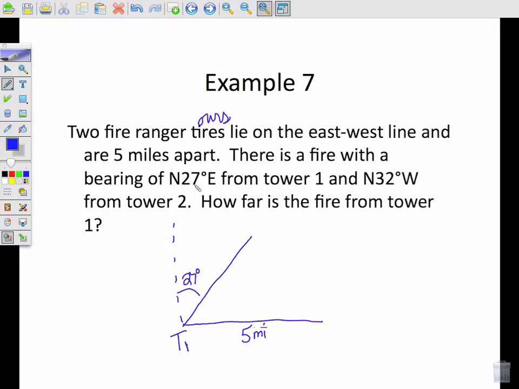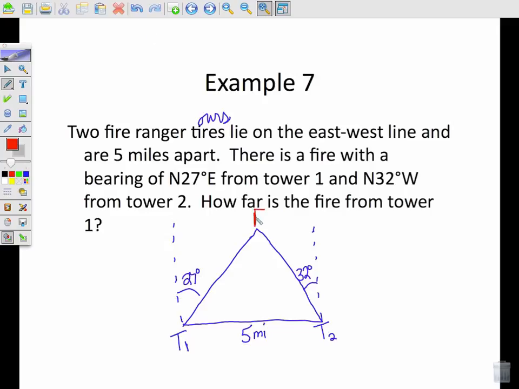This means 27 degrees east of north. And then it says the fire is 32 degrees west of north from Tower 2. So here's Tower 2. And if you go west of north, then that angle is here again on the outside, west of the north line, 32 degrees.